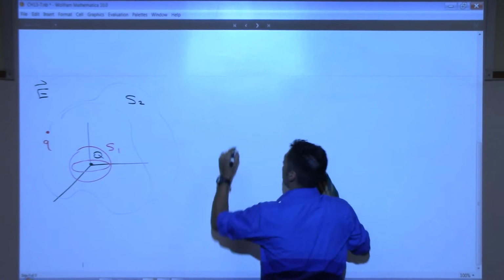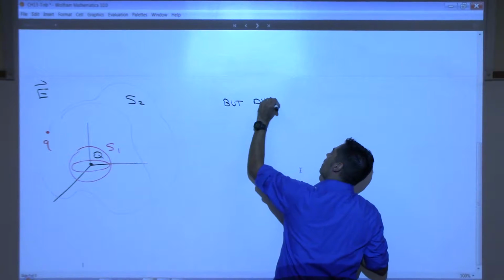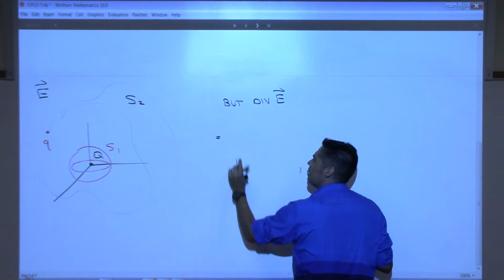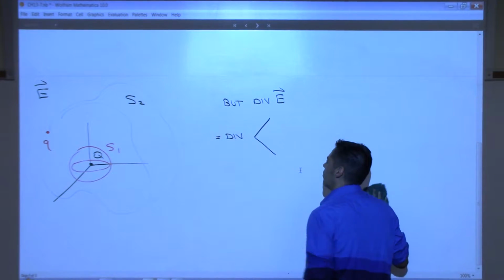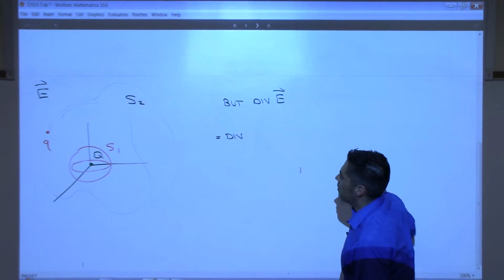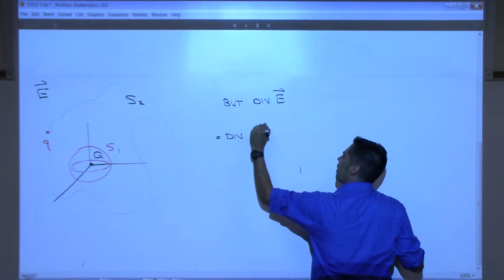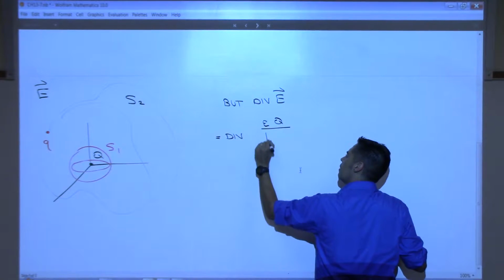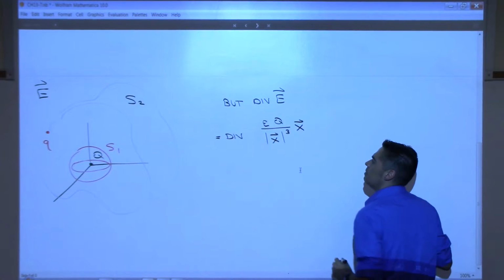So I'm going to say here now, the div of E equals, well, what is E? Div of, it's a vector, isn't it? Tell me what E was. It was epsilon q over magnitude of x cubed times x, right?